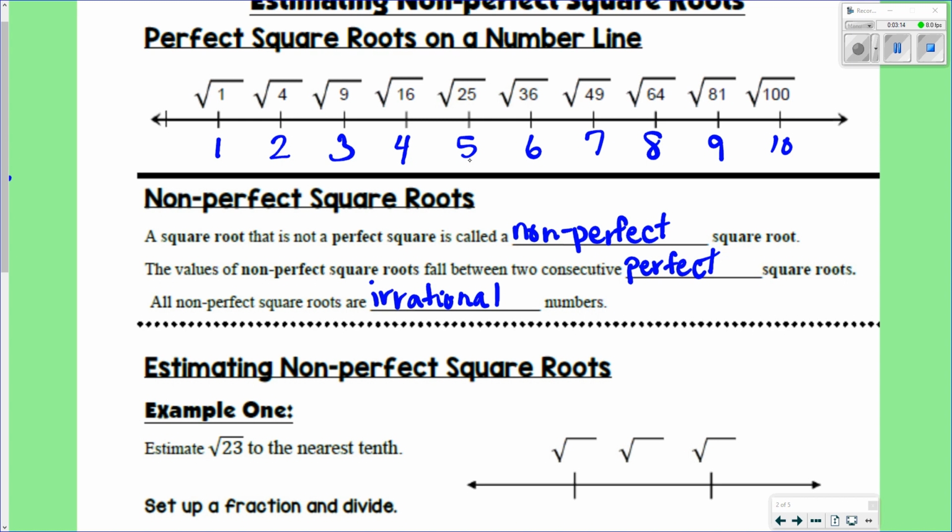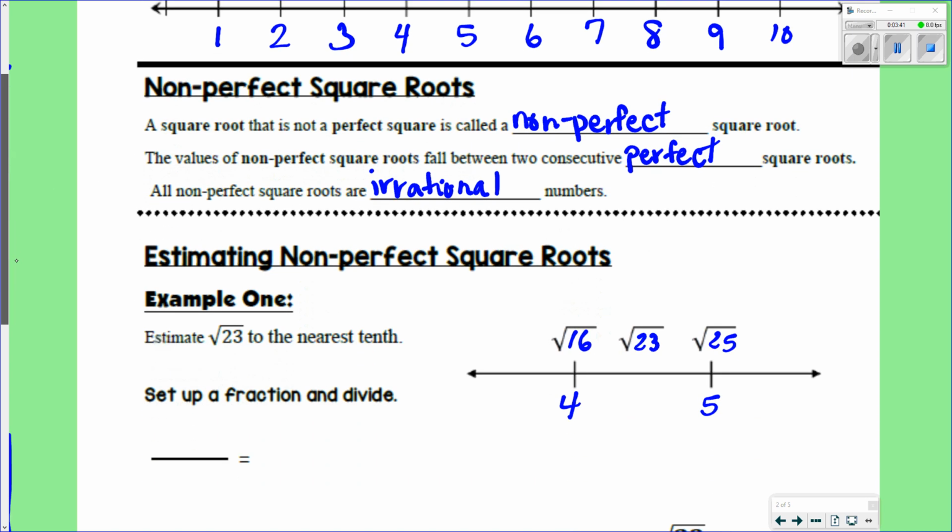Let's fill that in. So the square root of 16, the square root of 25. We can see that the square root of 23 falls between these two perfect square roots. So it's going to be between 4 and 5.